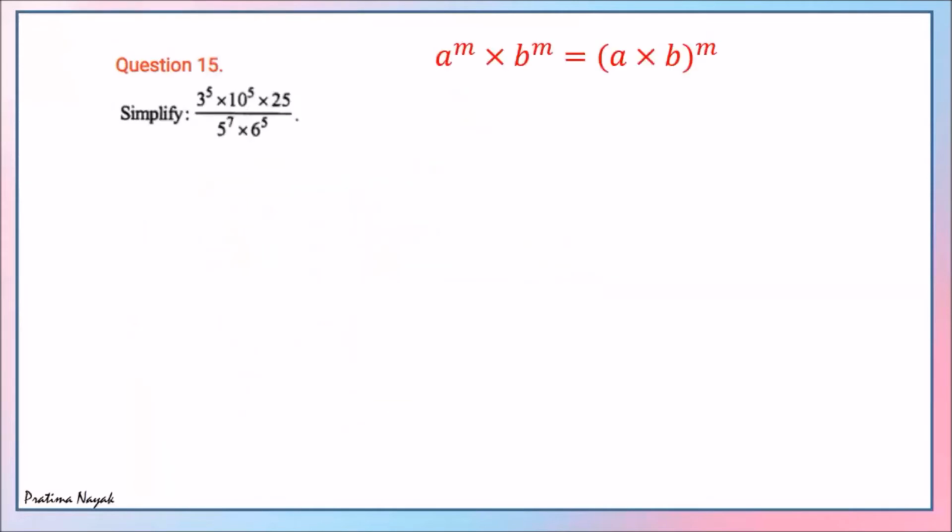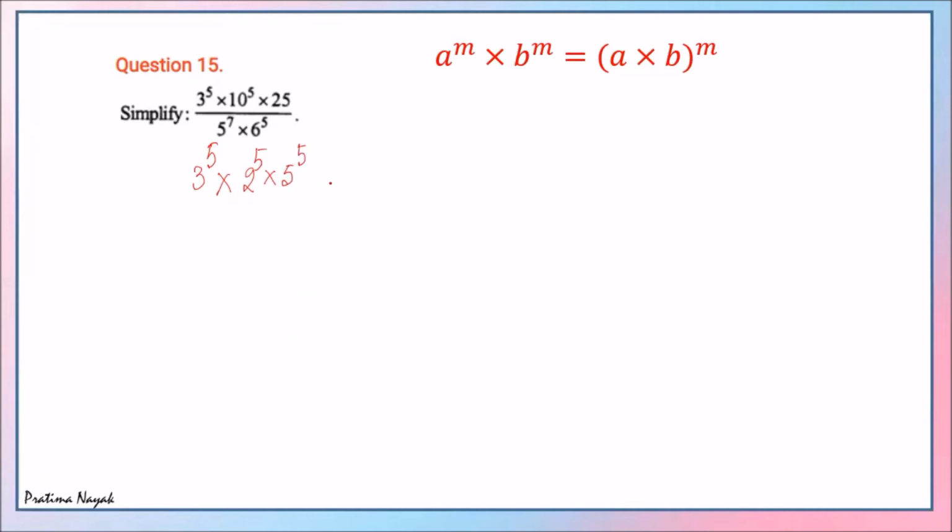Next, question number 15. Question number 15 is simplify 3 to the power 5, 10 to the power 5, 25, 5 raised to the power 7 and 6 to the power 5. You can see that 10 appears 5 times, 3 appears 5 times. I won't write so many times. I'll try to simplify because I have learned the rules already. So I'll write 3 to the power 5, and this 10 I'll break into 2 to the power 5 into 5 to the power 5, because 10 is equal to 2 into 5.